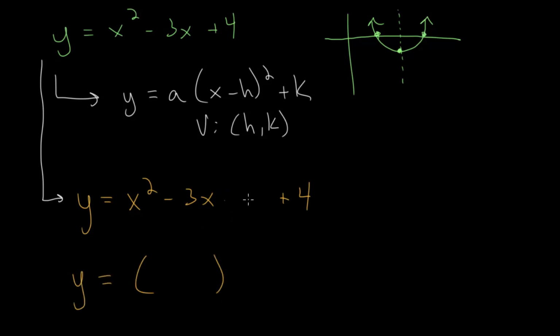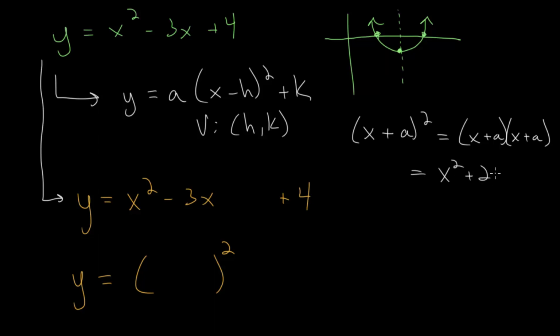Now, to figure out what number to add so that we can transform this to a perfect square, we can look at the pattern for a perfect square actually multiplied out. If we have, let's say, x plus a squared, and we multiply this out using distribution, x plus a times x plus a, what we will find is that we get x squared plus 2ax plus a squared.